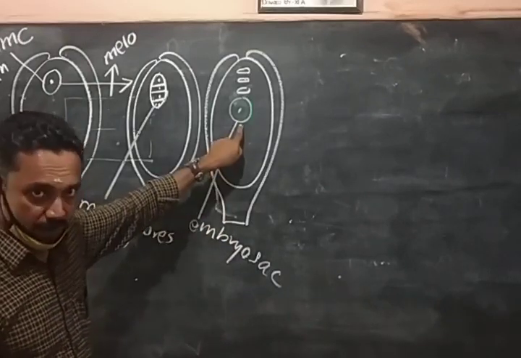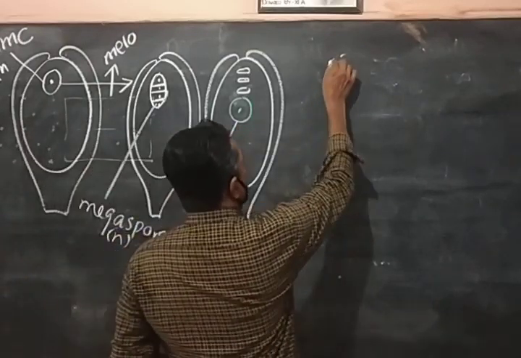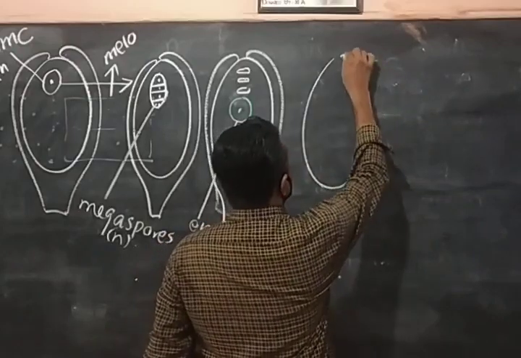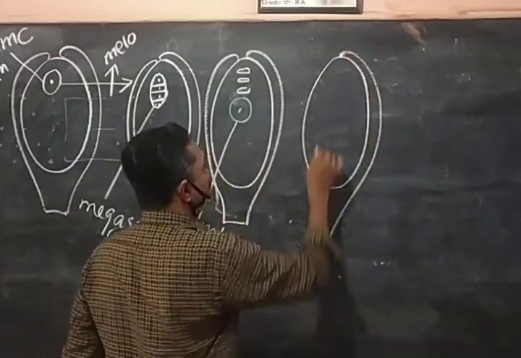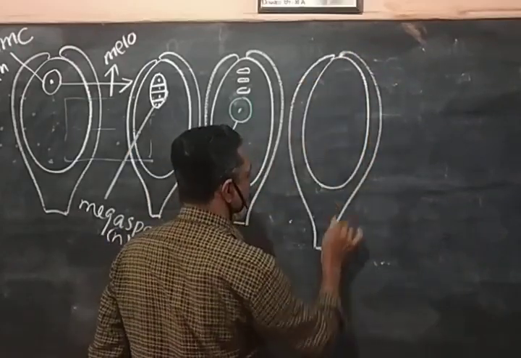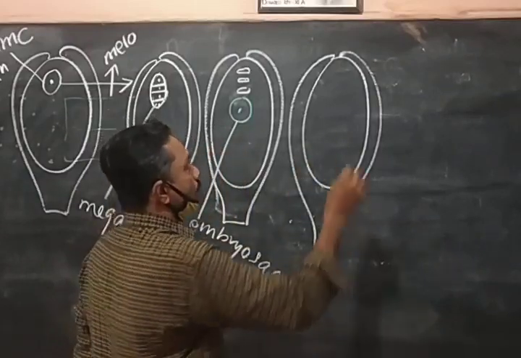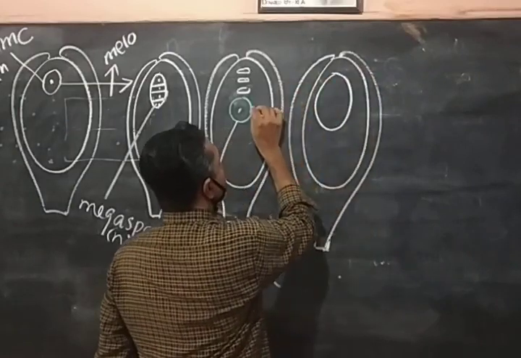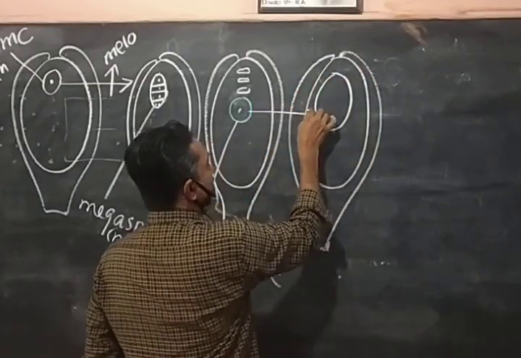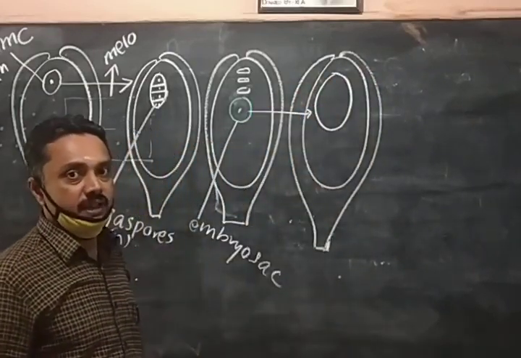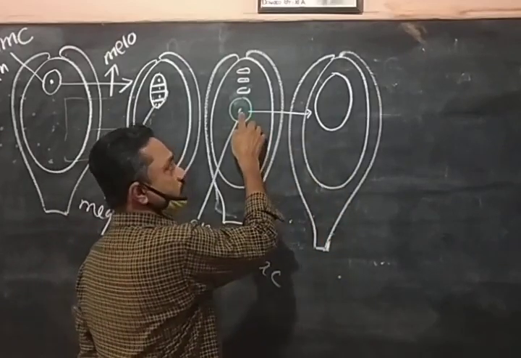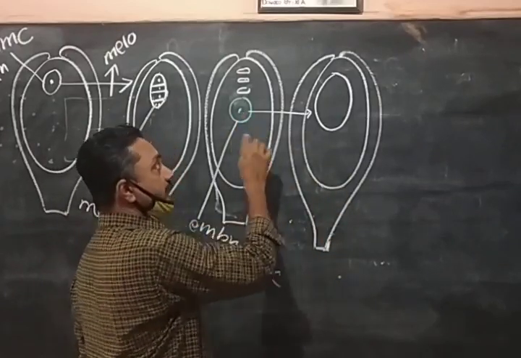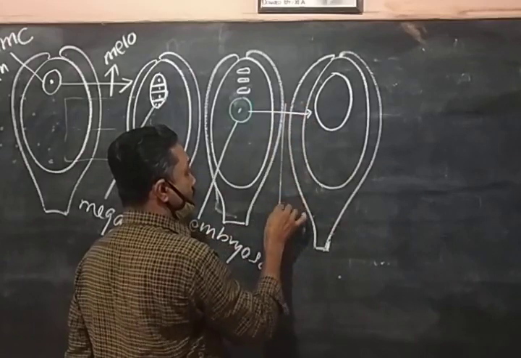So 1 survives. Then the megaspore enlarges in size. Its nucleus, which is haploid, divides 3 times by mitosis.